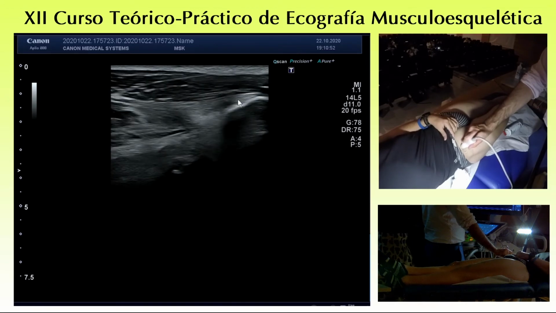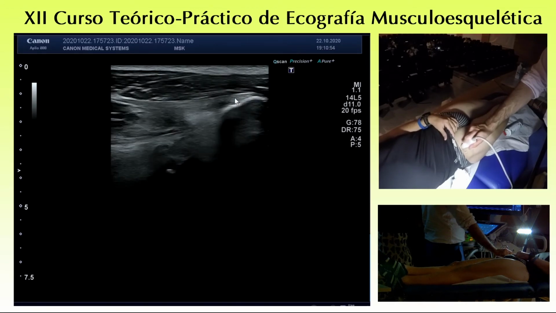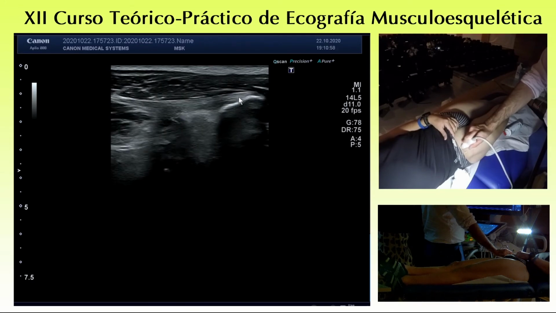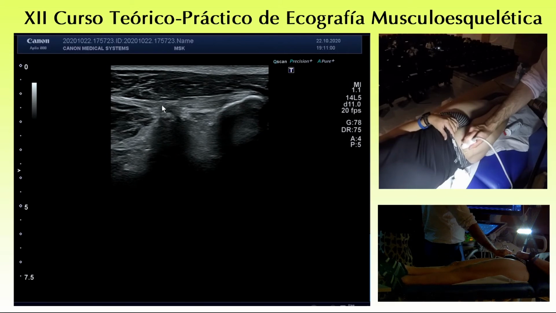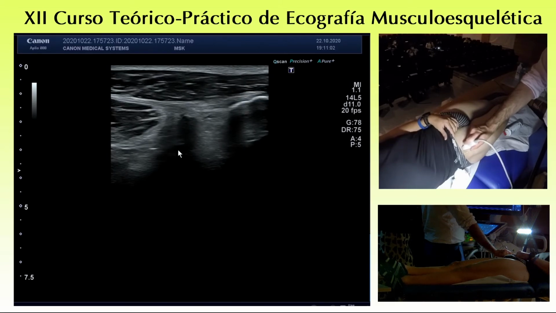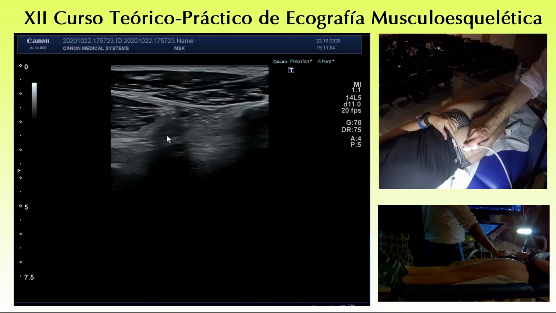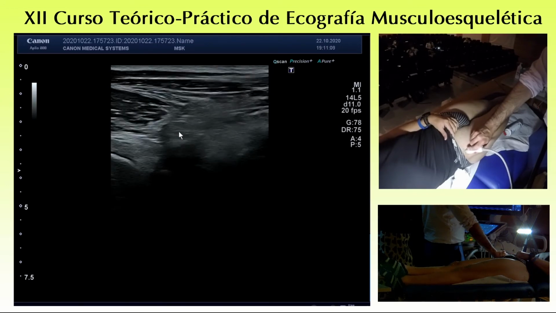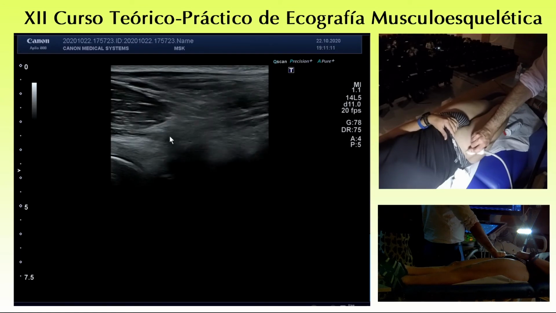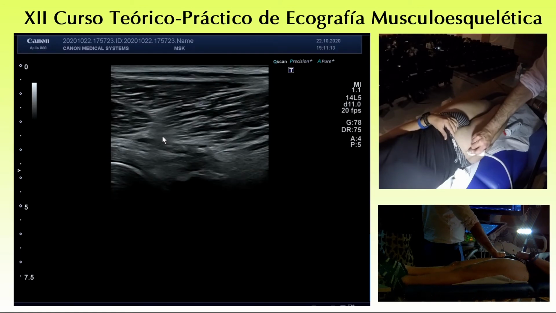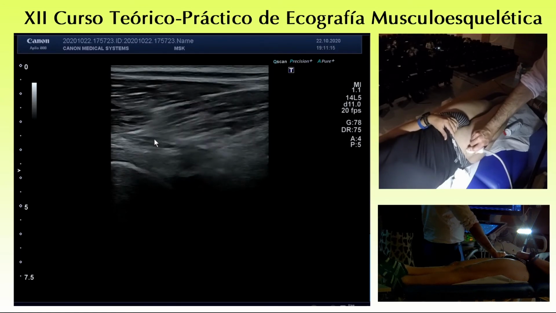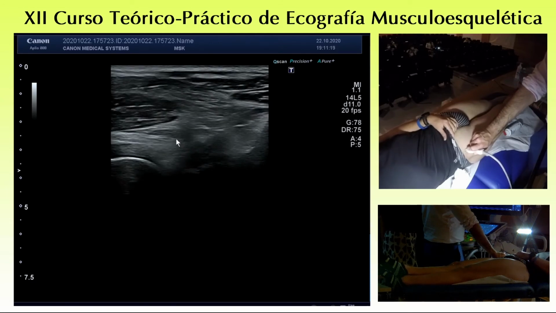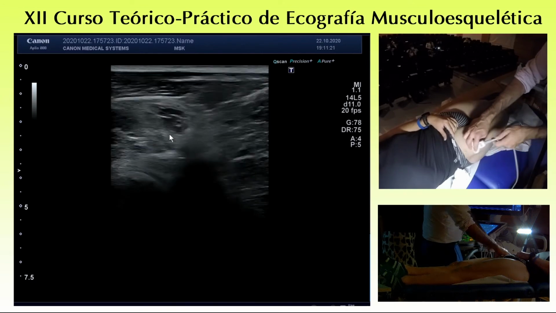You have the long axis of the direct origin, the direct tendon of the rectus femoris. You see very well the shadow of the conjoined tendon, the shadow of the indirect, and then you can try to follow it in short axis. But if it is normal, as in this case, it becomes very hard to find.